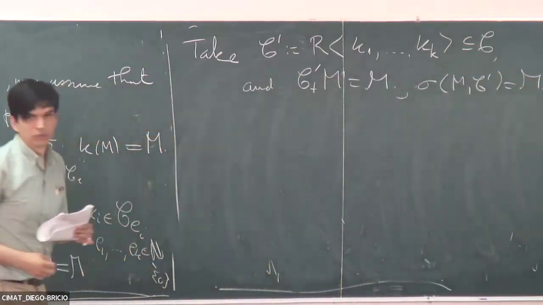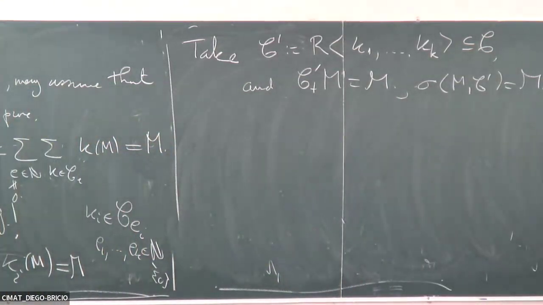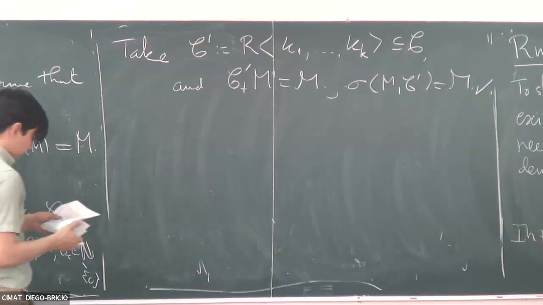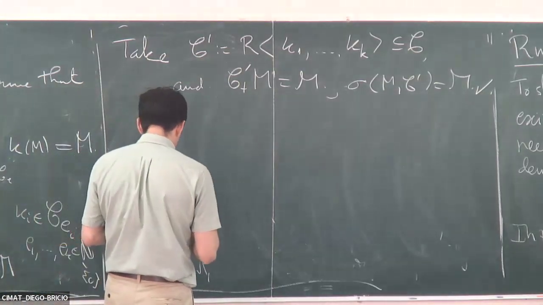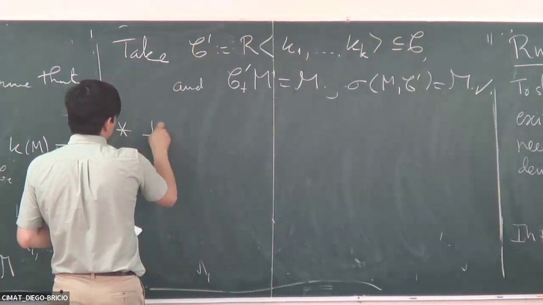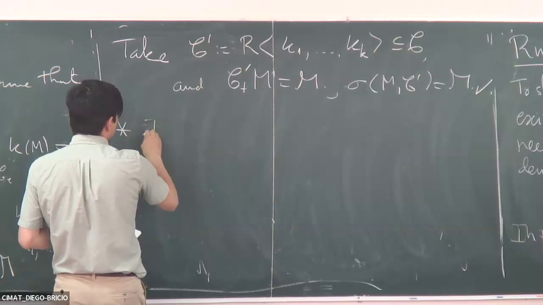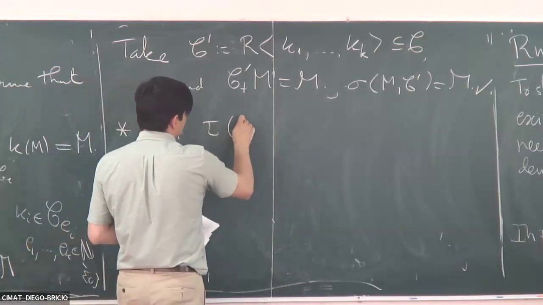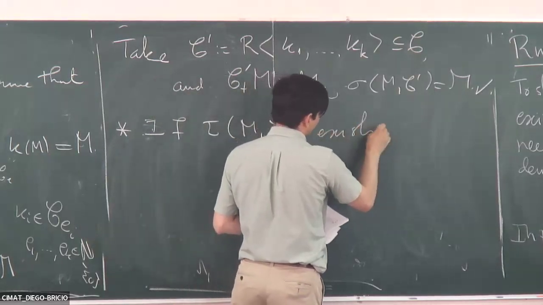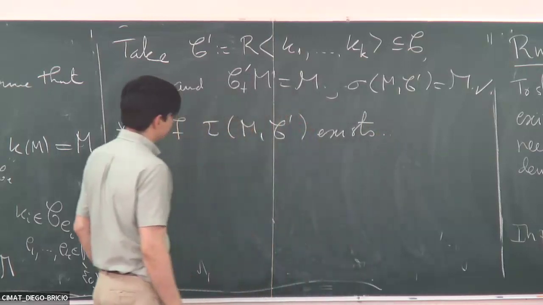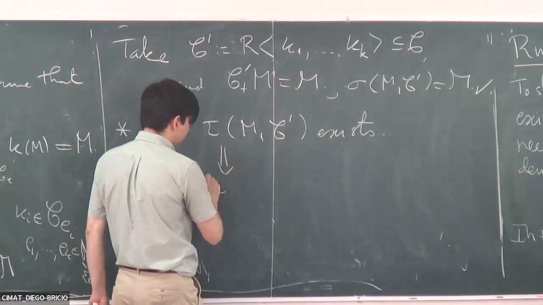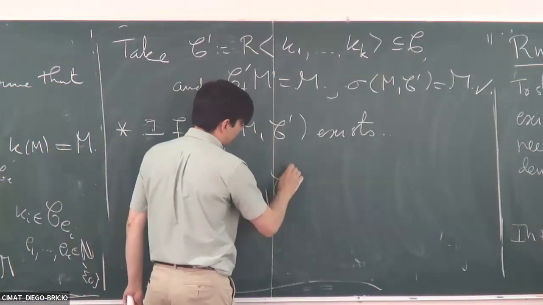So we've got the exact same sigmas for both of them, which is M. So suppose that this thing exists. Why does this imply that this exists?